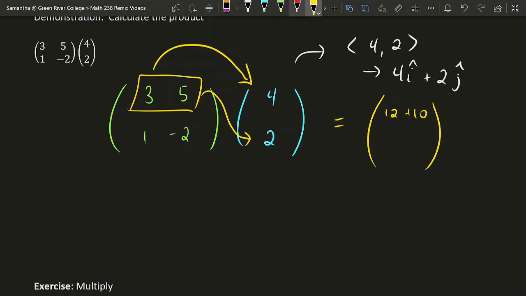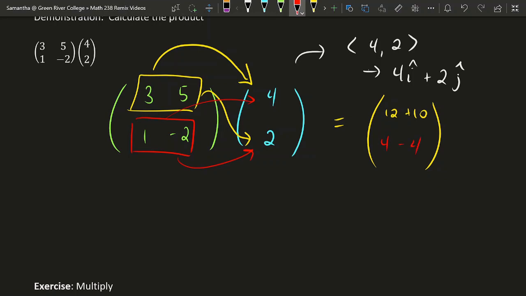Now, if I want to find the number in the bottom of this result, I'm going to take the first entry in the bottom row and multiply it by the first entry in the vector, and the second entry in the row multiplied by the second entry in the vector. So 1 times 4, negative 2 times positive 2.